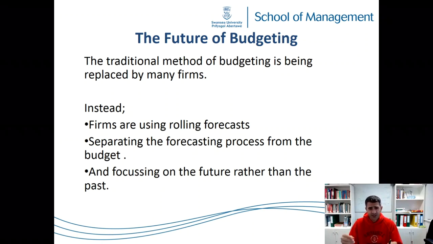I always remember that businesses nowadays and in the future tend to go more into rolling budgets, because they found it is really realistic and they can update it every short period of time.